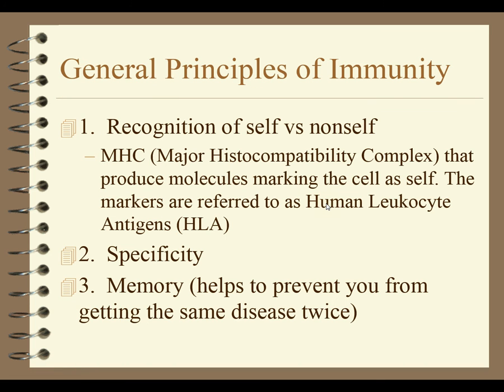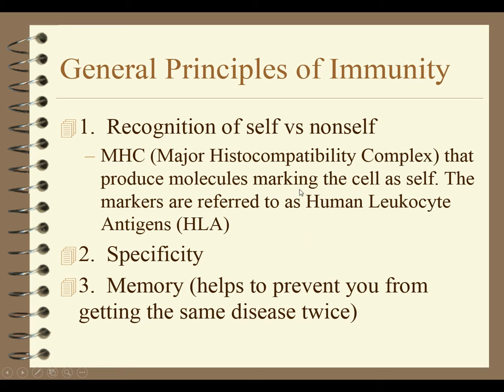Okay. Now, what are the general principles of immunity? Well, the first thing is to recognize self versus non-self. Remember, we talked about that earlier, self-tolerance. Some of the ways we can do that is from what's called an MHC, which stands for Major Histocompatibility Complex. That produces molecules marking the cell as self.